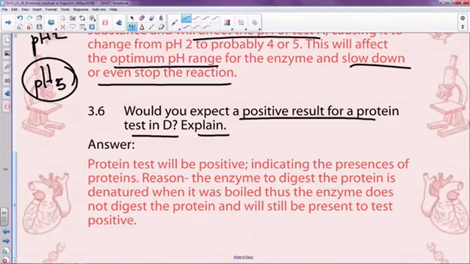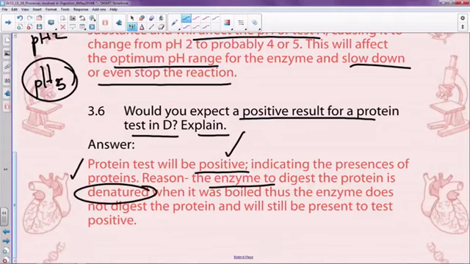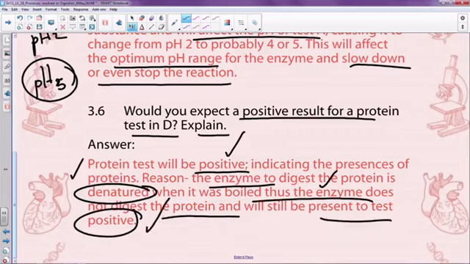Yes, the test for protein will be positive, essentially because the enzyme does not convert the protein, which is egg white in this case, to a different substance. So we will test positive for protein, and this is because the enzyme that would digest the protein has been denatured, which renders it impossible to work. This means that the protein will remain unaltered and the enzyme activity has stopped, and thus the protein will still be present, and hence you'll get the positive test.